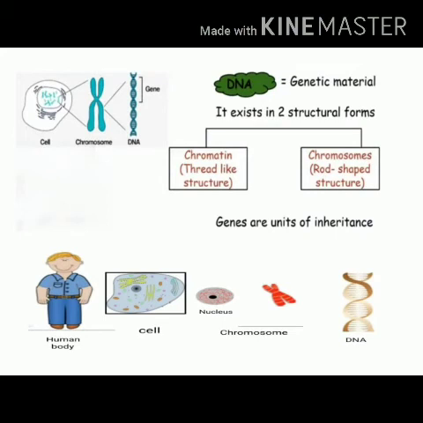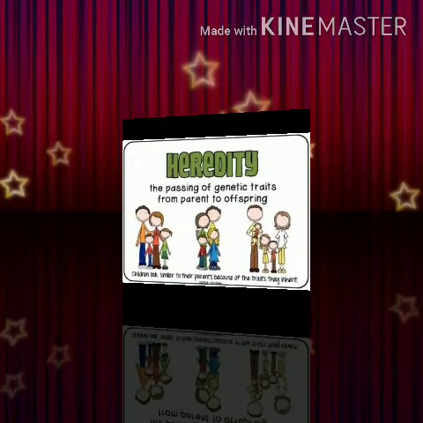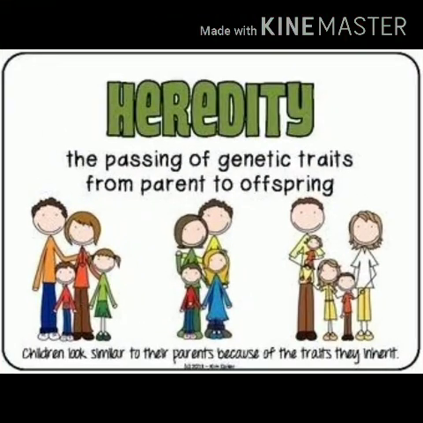On these chromosomes we are able to find genes which are responsible for the transfer of characters from parents to offspring. Transfer of characters from parents to offspring means that, as you all know, we look similar, somewhat similar or sometimes totally identical to our parents. And why is it so?